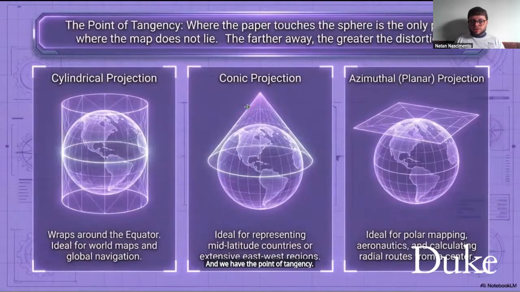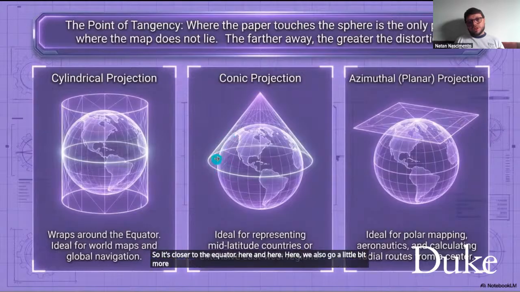The only place a map does not lie is where the paper touches the sphere. So you can see here, it's in white. So it's closer to the equator here and here. Here we also go a little bit more to the north hemisphere in this particular drawing.